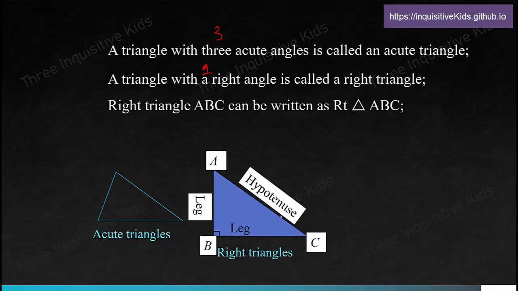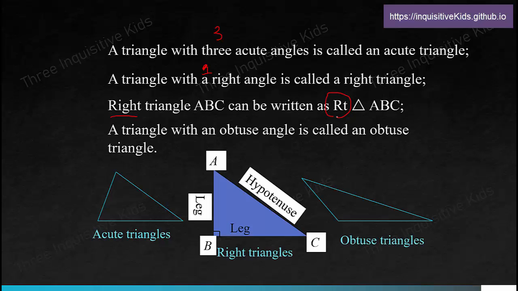This is an example of a right triangle. Right triangle ABC can be written as RT triangle ABC. This stands for right triangle ABC. And this is another triangle here. Obtuse triangles. A triangle with one obtuse angle is called an obtuse triangle.